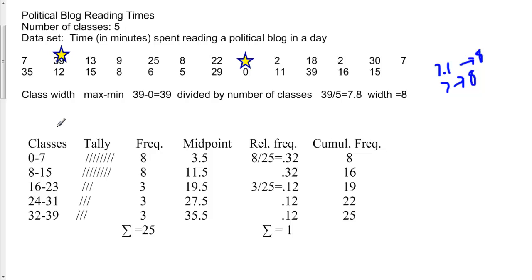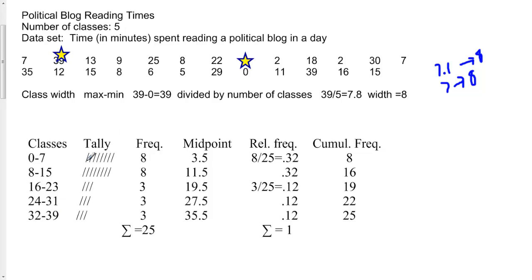Please keep in mind that your class width does not end with the maximum all the time. These classes have to have the same intervals between them, so this number may not be your maximum with your last class.